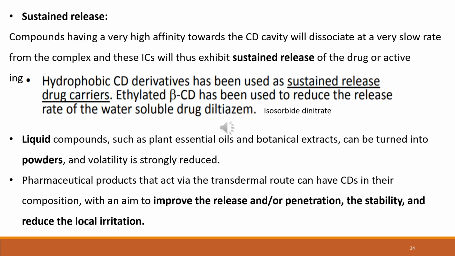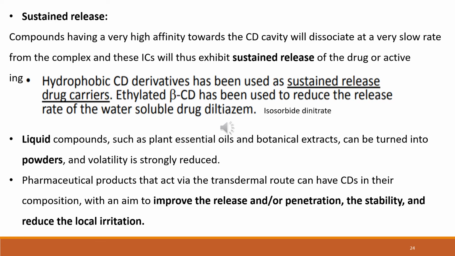Compounds having very high affinity towards the cyclodextrin cavity will dissociate at a very slow rate from the complex, and these inclusion complexes will thus exhibit sustained release of the drug or the active. Hydrophobic cyclodextrin derivatives have been used as sustained release drug carriers.